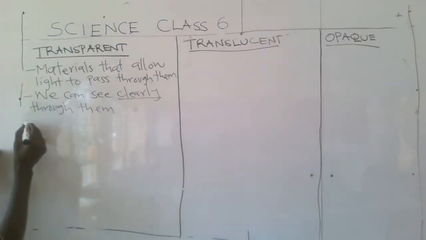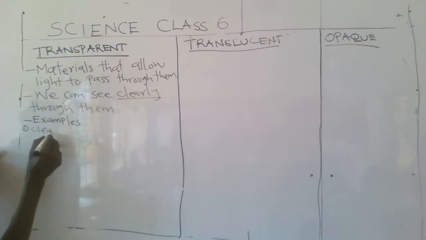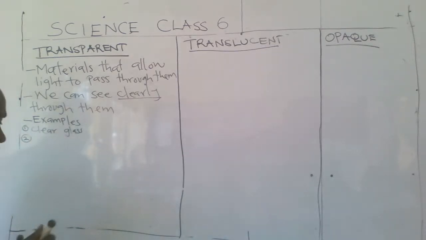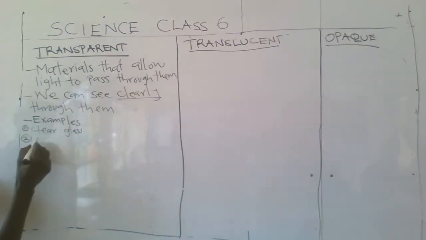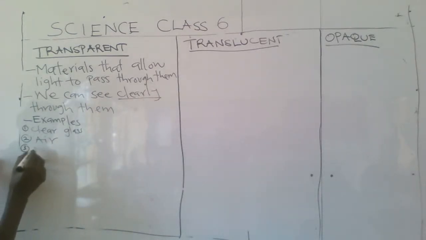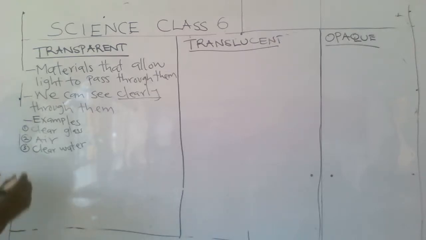Now, let's give examples of transparent materials. One, we have clear glass. Clear glass is an example of a transparent material. Air. Water, but now we need to say clear water, or clear polythene paper.